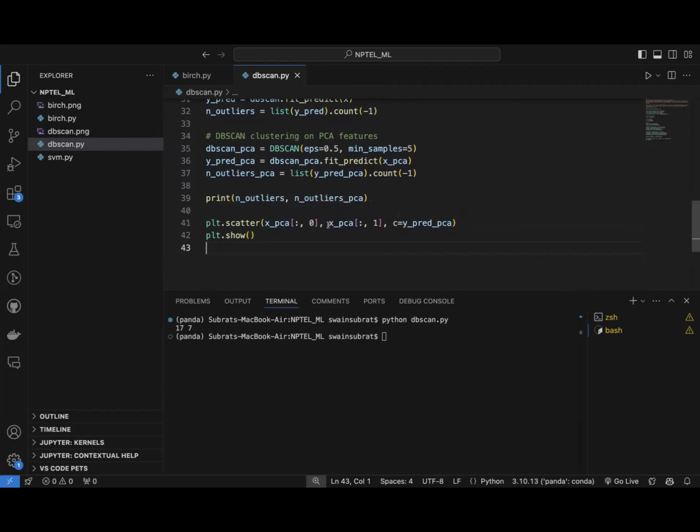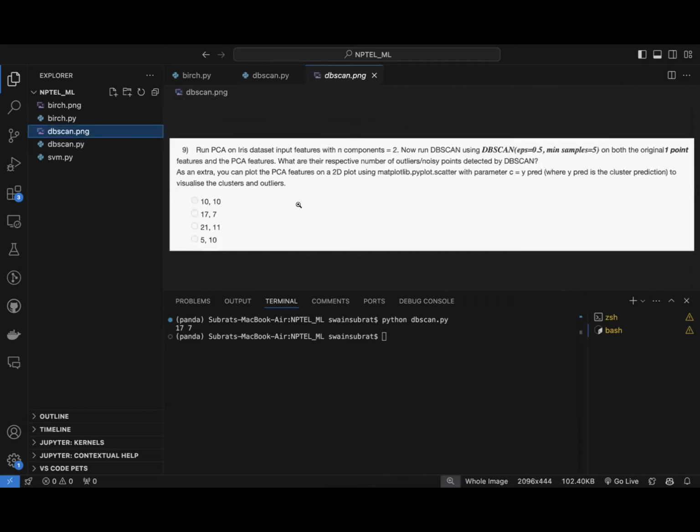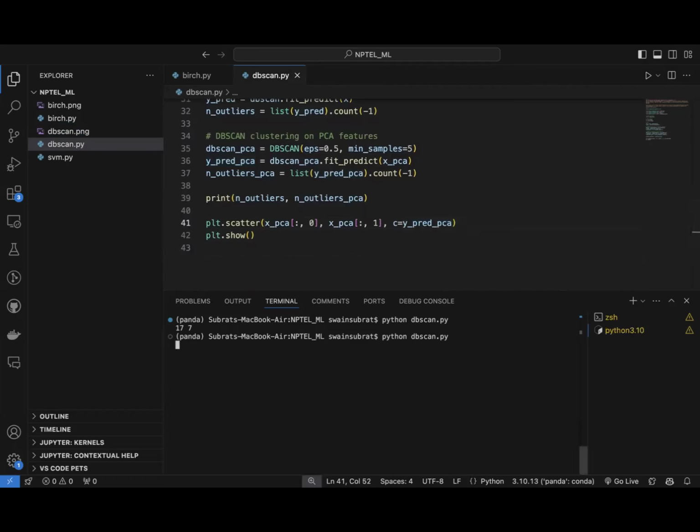So we're just plotting the scatter plot using ypred as a parameter, so that it will give us a different color for different clusters. Okay. I'll save this figure as dbscan.